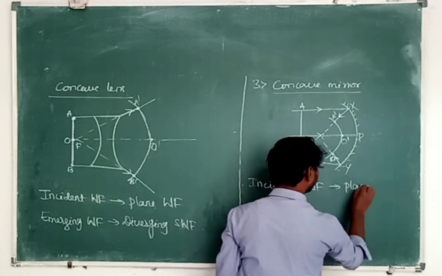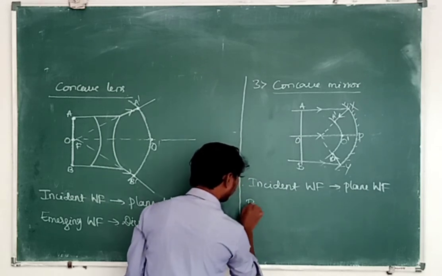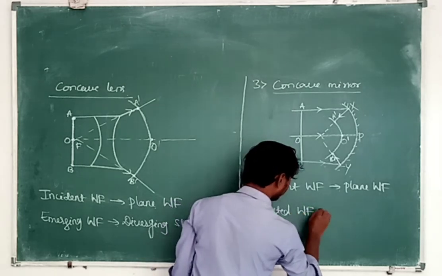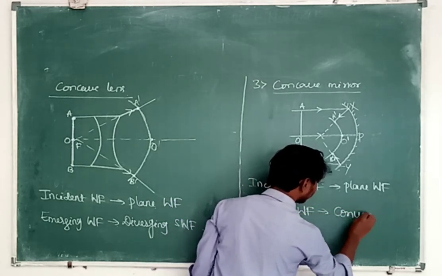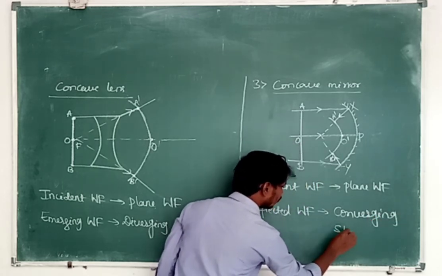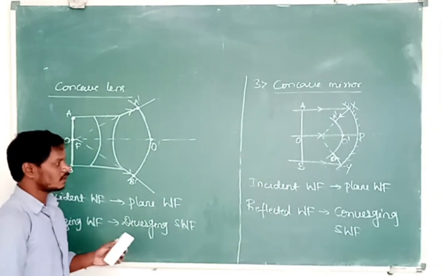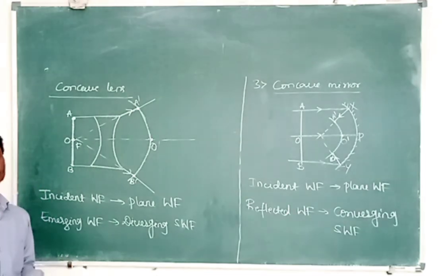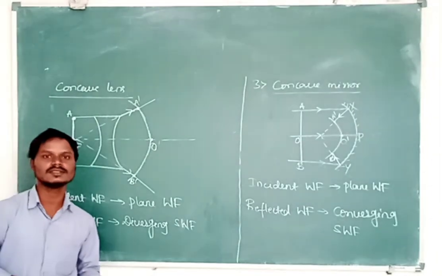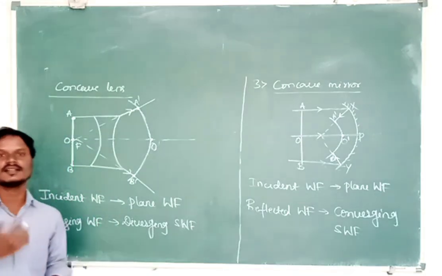I hope in case of convex mirror you will draw the ray diagram and determine the shape of the reflected wavefront. So this is all about the behavior of the plane wavefront when it is incident on prism, lens and also mirror.